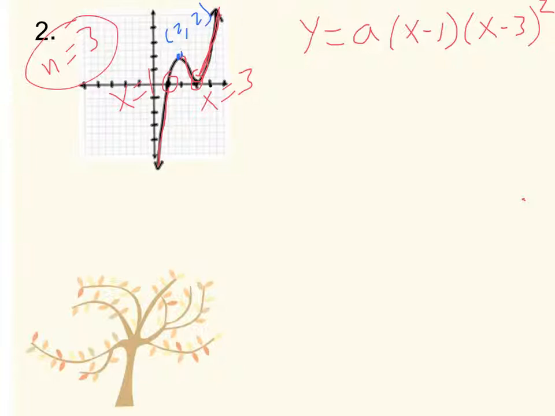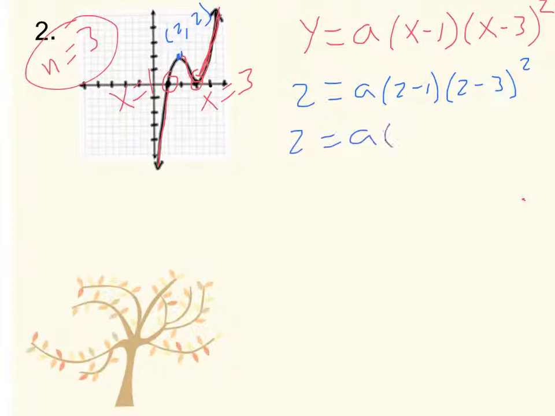Looking at the top of that maximum right there, it looks like this graph definitely goes through the point 2, 2. So now to find a, I'm going to plug in 2 for x. I'm going to plug in 2 for y, and again it puts me in this situation where I can solve for a, and I'd have everything I need for my equation.